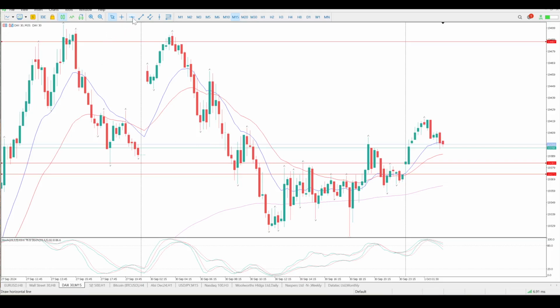One more there. Okay, so 3 levels to watch are 19,383, 19,373, and 19,365. You're looking for an opportunity to buy, and you're looking to test this all-time high again at 19,487. That is the move that I have for today.